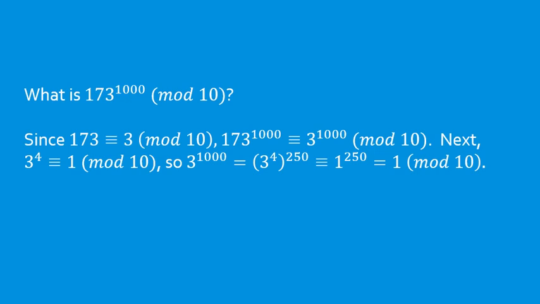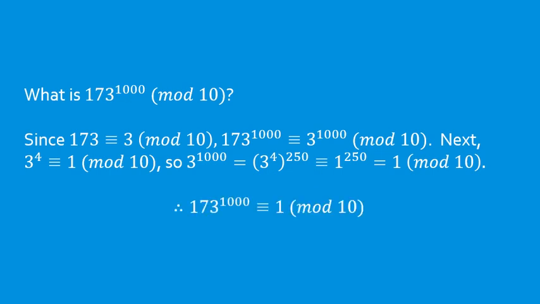So 3 to the 1,000th is the same thing as 3 to the 4th raised to the 250th power. We make that substitution here. The 3 to the 4th is congruent to 1 by what we just stated. So 3 to the 1,000th is actually congruent to 1 to the 250th power. And as we just said, 1 raised to any power is 1.